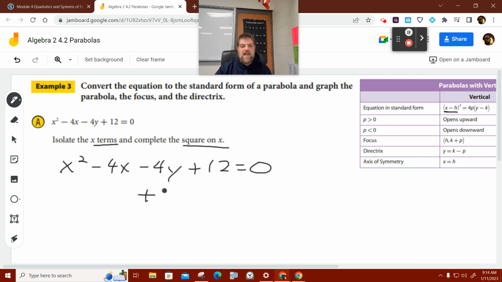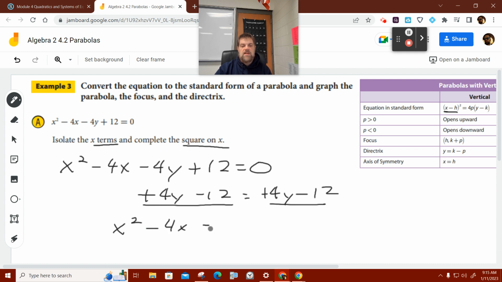In other words, I'm going to add 4y. That doesn't have an x in it, and the 12 doesn't have an x in it. But remember, whatever I do to one side, I have to do to the other. Okay? Well, then that leaves me over here with x squared minus 4x equals 4y minus 12.